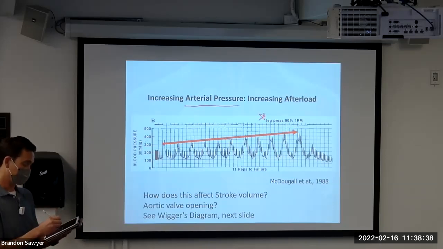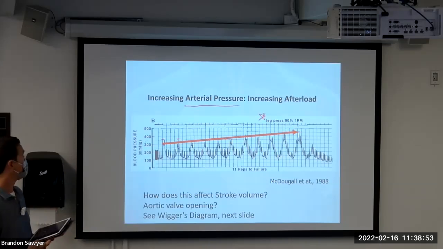You can see each rep has a little spike in the line. The first rep, they get up to about 350. By the end, they're getting up to 450 millimeters of mercury in their femoral artery, right? That's a ton of pressure.